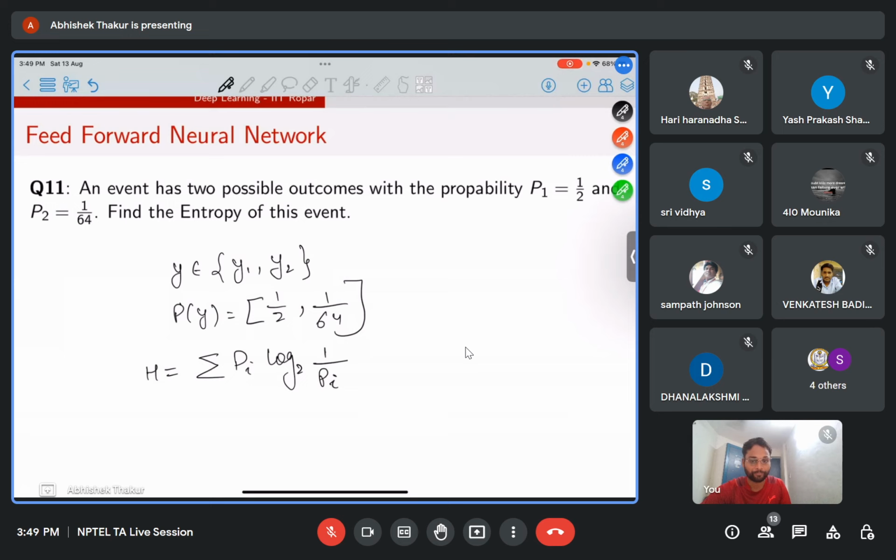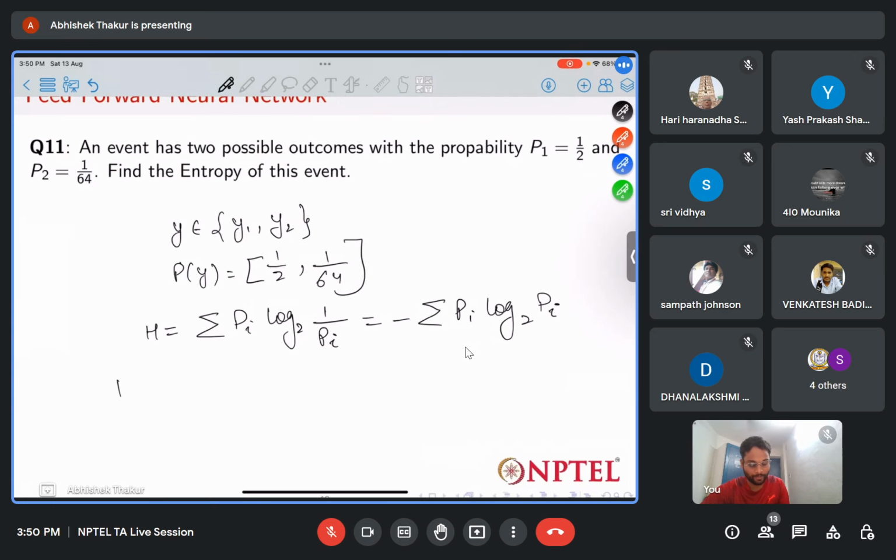We can also write it as minus pi log pi. So we will find the entropy, with i going from 1 to 2.